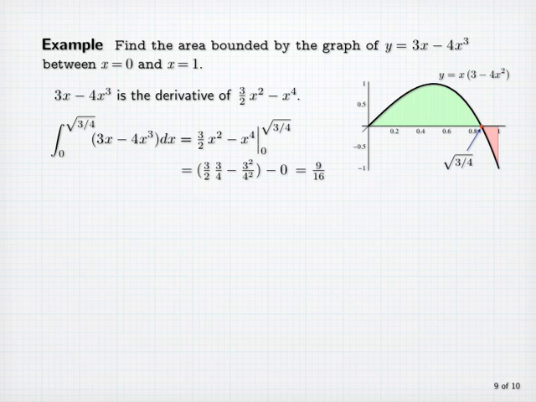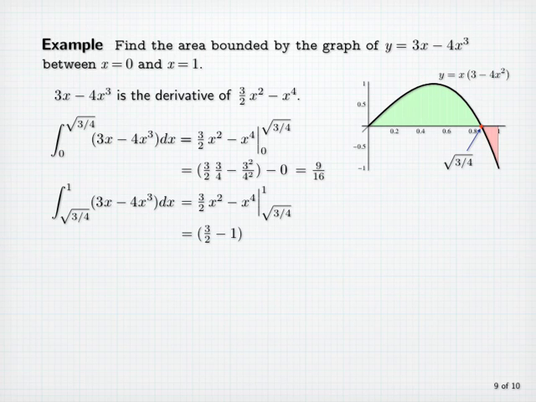Now to find the area below the x-axis, we'll integrate from the square root of 3/4 to 1, which tells us to evaluate 3/2 x squared minus x to the fourth between the square root of 3/4 and 1. The value there at 1 is 3/2 minus 1, and then we subtract the value at square root of 3/4, which is just the 9/16 that we already calculated.